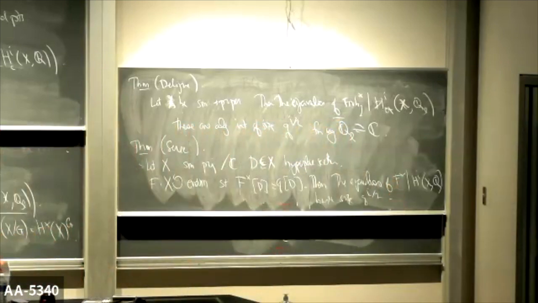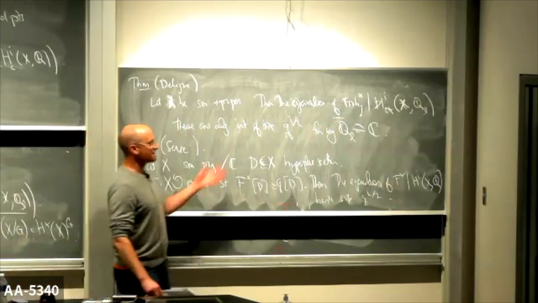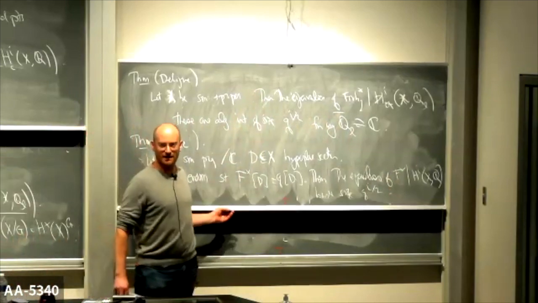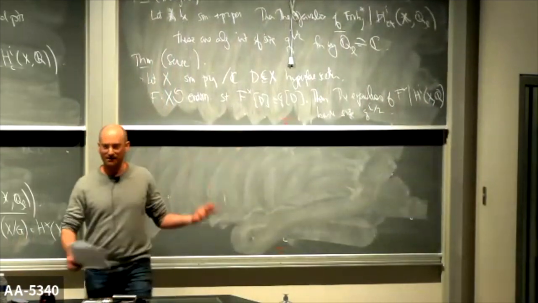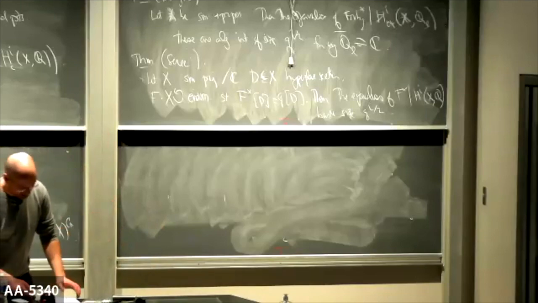Okay, so once again, the moral is that Frobenius acts on l-adic cohomology of something over a finite field as an endomorphism would act on the cohomology of a nice complex manifold.